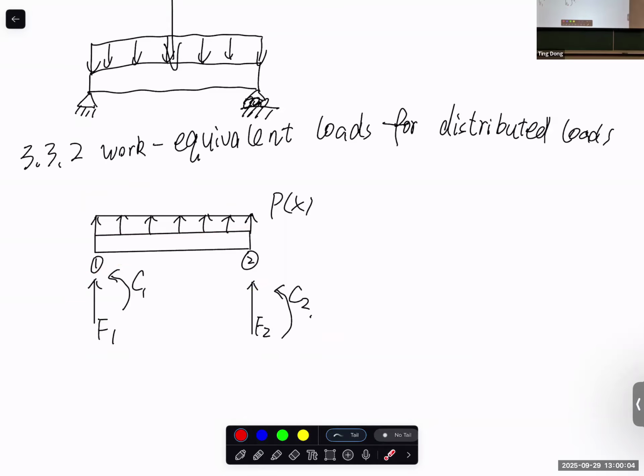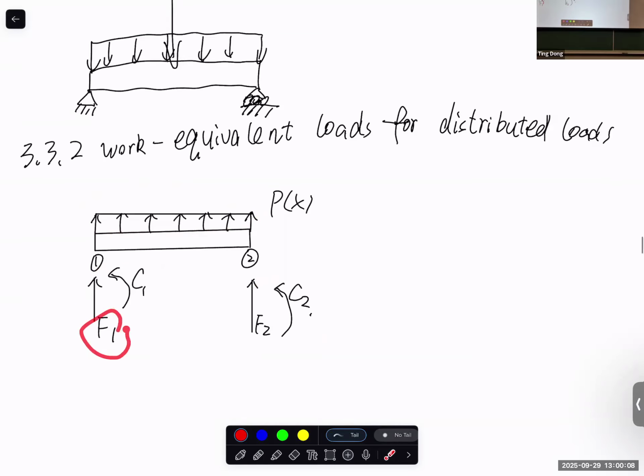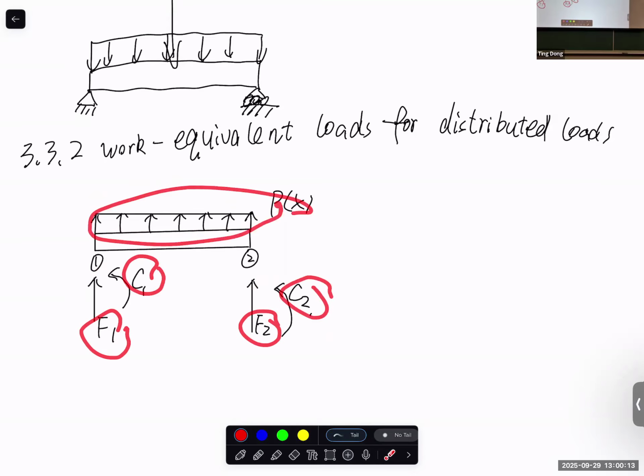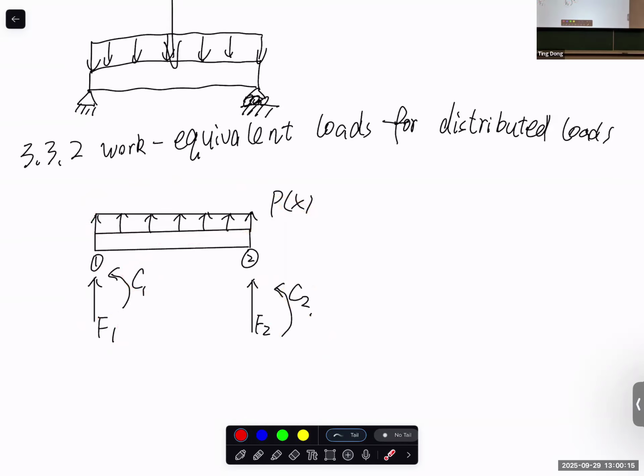Then we set these two equal, and we can find the equivalent F1, C1, F2, C2 generated by this one. Then we can put them in the equation KQ equal to F, in the F vector, and we're done. Of course, we can go back to what we learned in the previous two sections: use a calculator to solve the nodal equivalent and use interpolation to solve V and theta at any point.